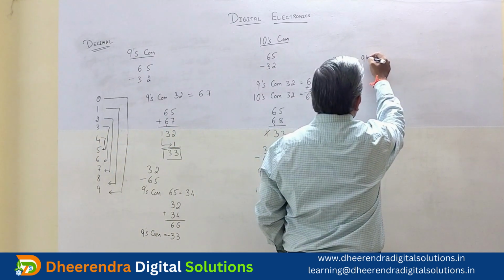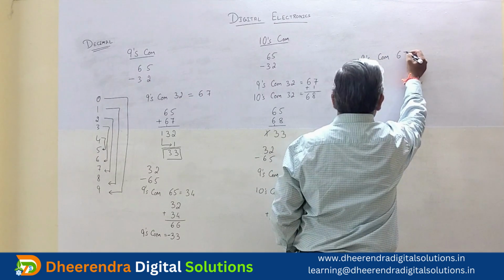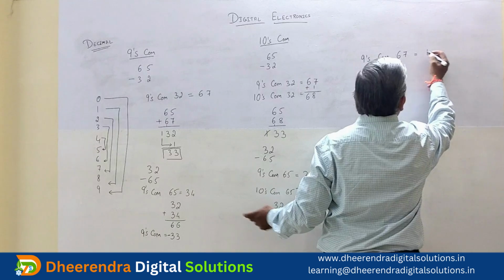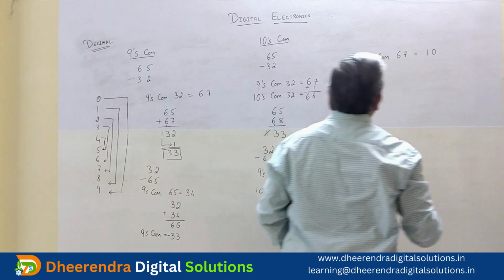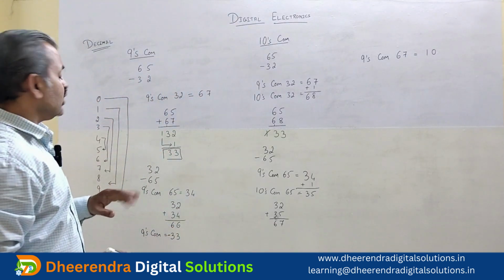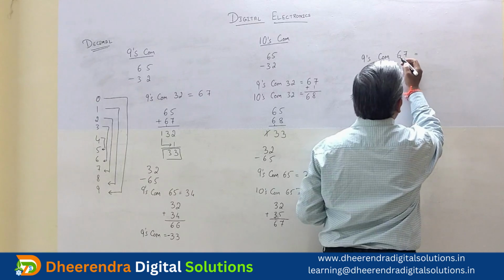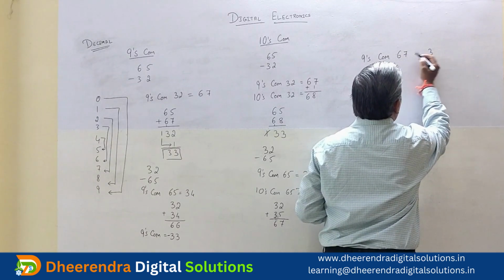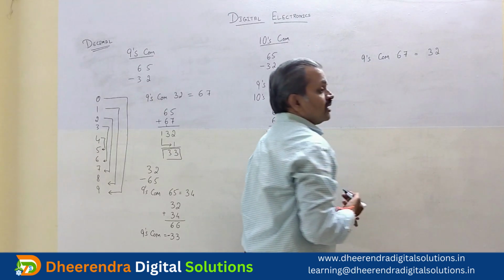So let us first find the 9's complement of 67. What is the complement of 6? Sorry, we are talking about the decimal number system, wherein complement of 6 is equal to 3 and complement of 7 is equal to 2, which is 32.